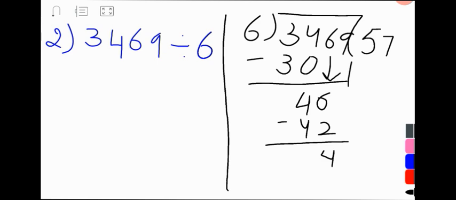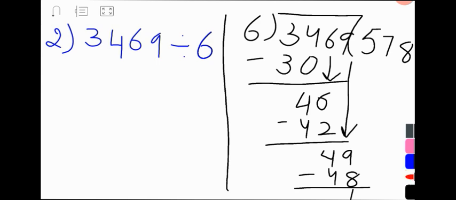In the next step we take this 9 down. Now this number has become 49. Since 49 is not divisible by 6 exactly, we again take a smaller number, that is 48. 6 eights are 48. After subtracting, we reach a remainder of 1.